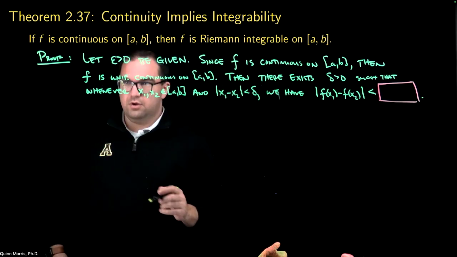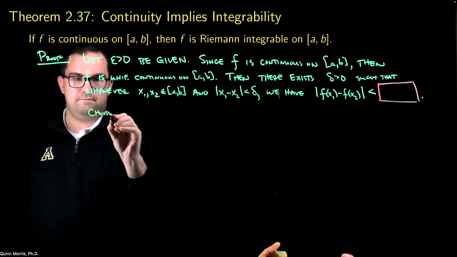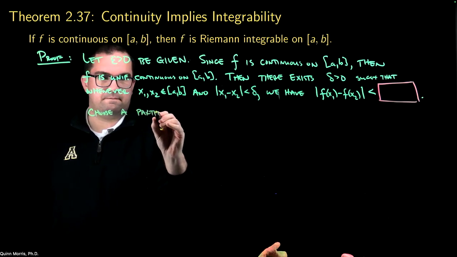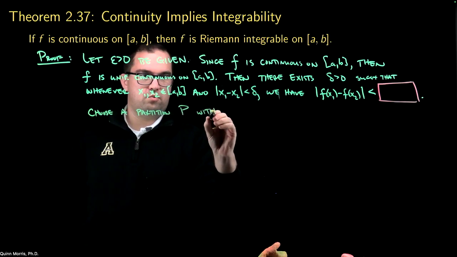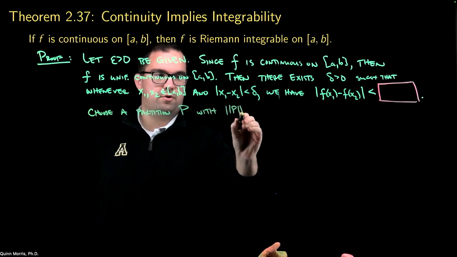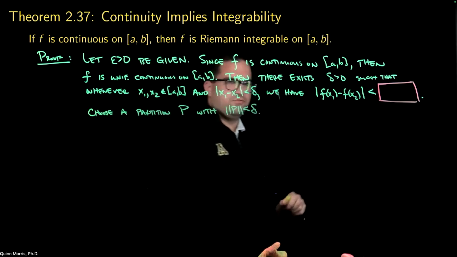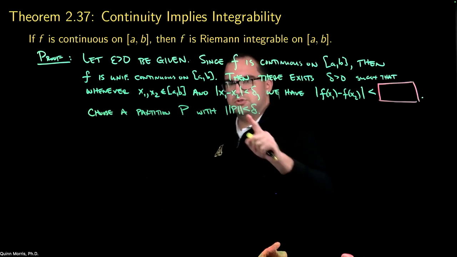Okay. So what I'm going to do is choose a partition P with the norm of the partition being less than delta. Now let's remember, this is really the first time we've used this norm concept since we defined it. So what does that mean?